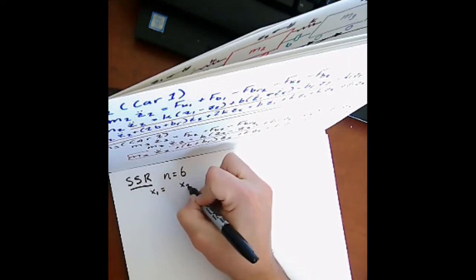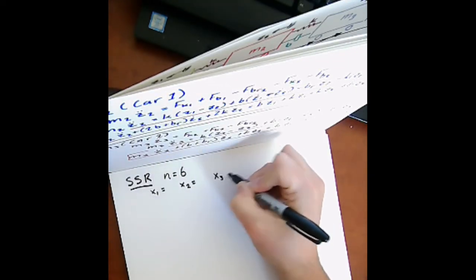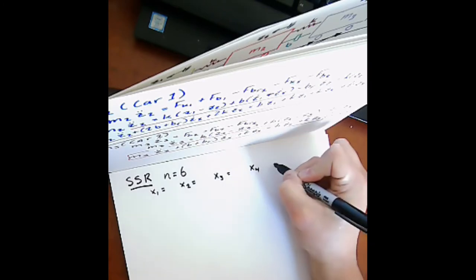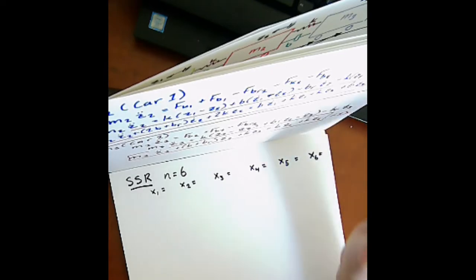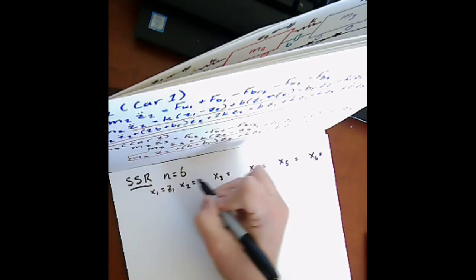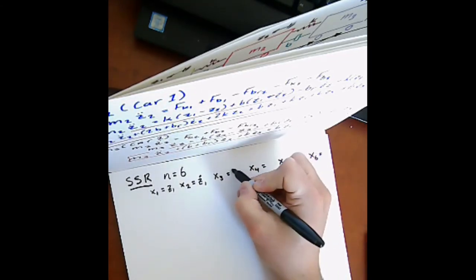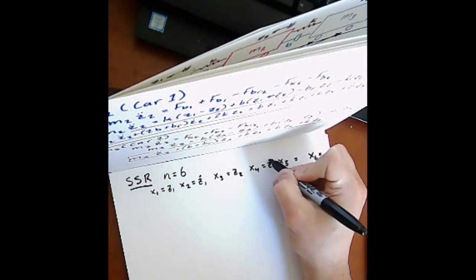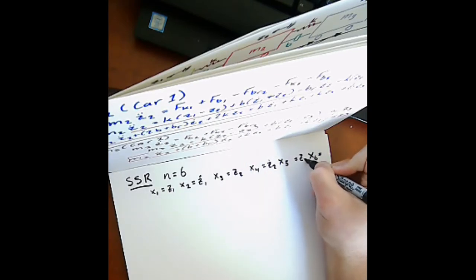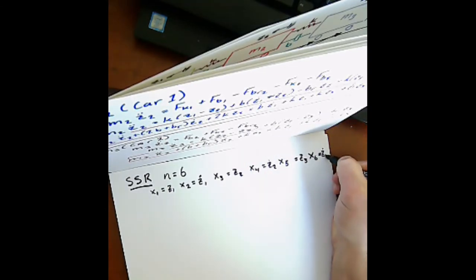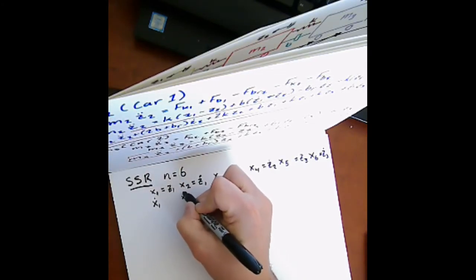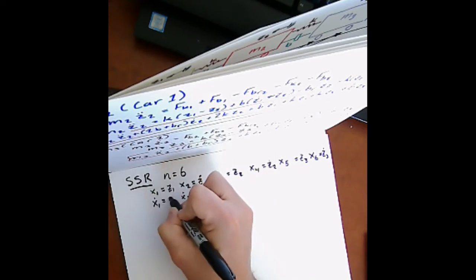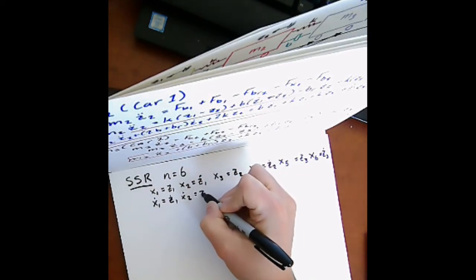x1, x2, x3, x4, x5, x6. I've given myself just barely enough room. So I've got z1, z dot 1, z2, z dot 2, z3, z dot 3. But remember, I also need the derivative of these.